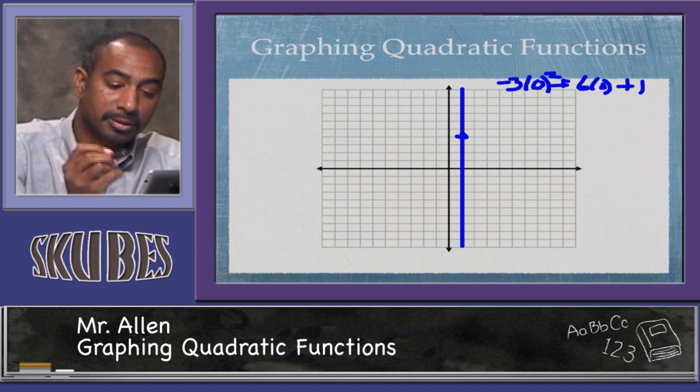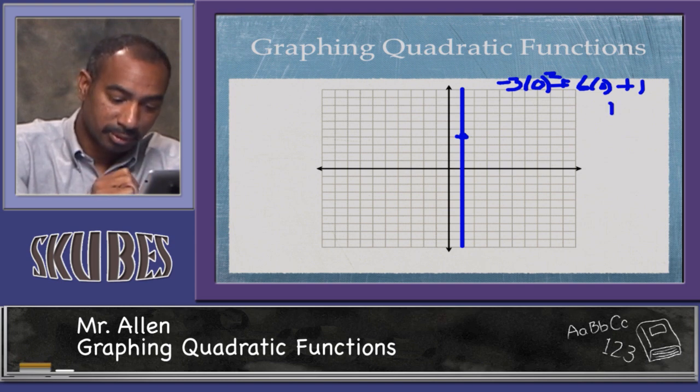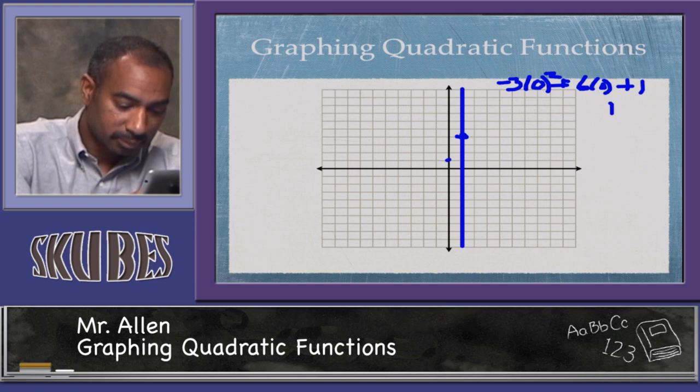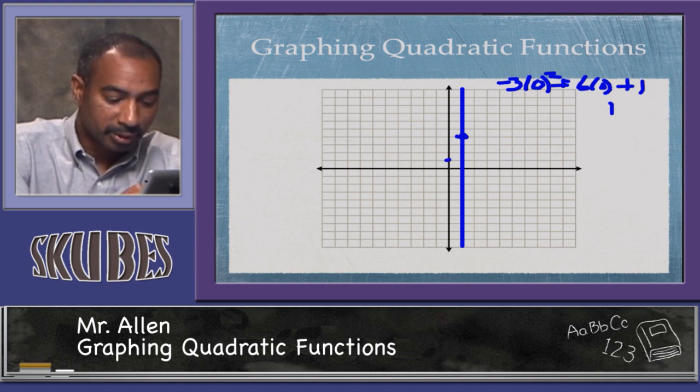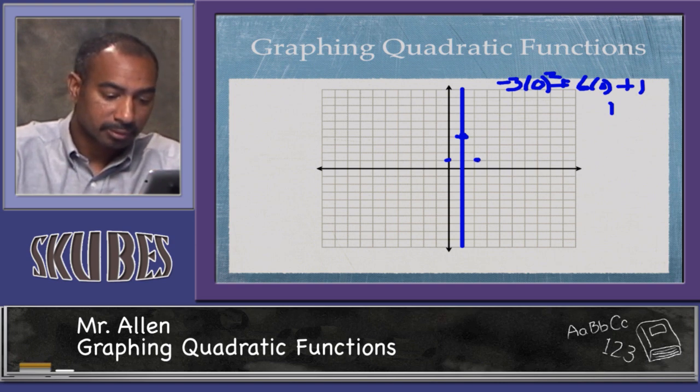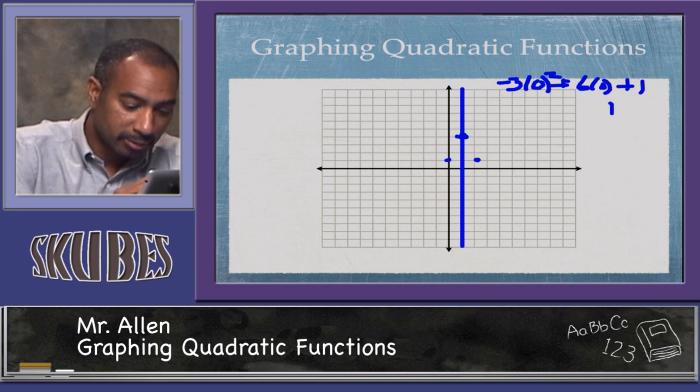Well, 0 times anything is 0, so we're left with 1. So when x is 0, f of 0 has to be 1. Which means if I plug in 2, this also has to be 1. That's how that works. And it's going to go downhill this way.